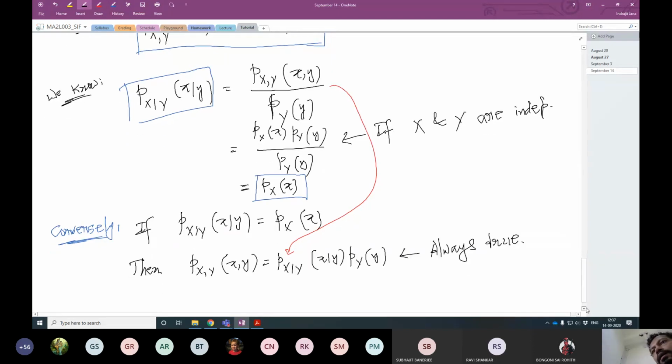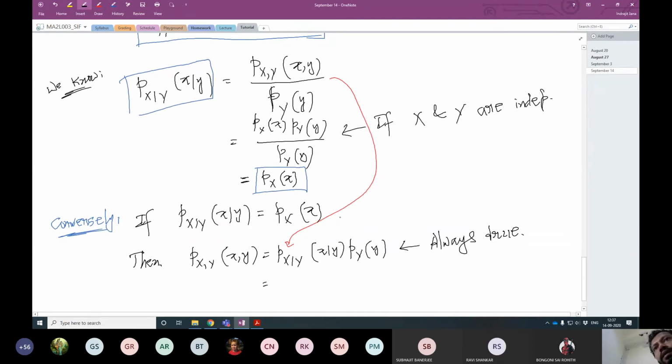Now, if this is true, from this you would get that p x given y is simply p x. So you would get just p x times p y.